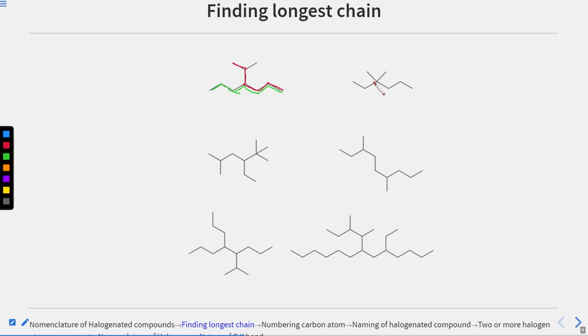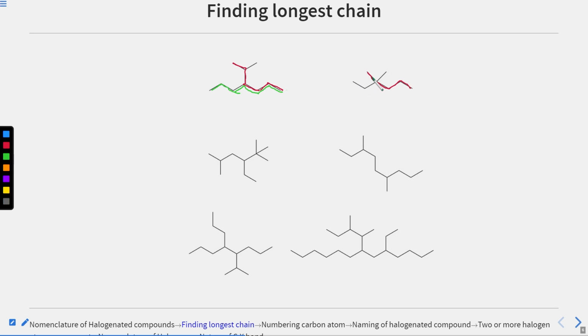So first let us try with this one. Okay, so this is 1 carbon, 2 carbon, 3 carbon. I am numbering it again. 1, 2, 3, 4, 5. So this chain is of 5 length.